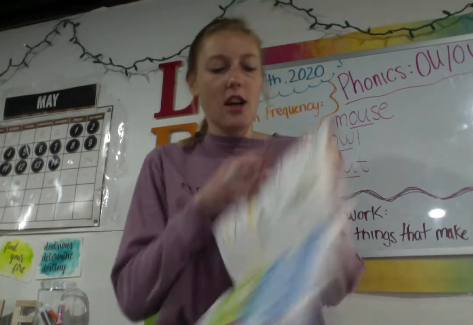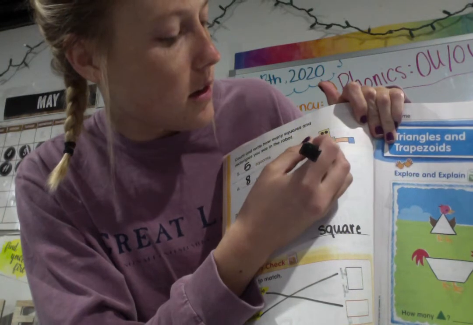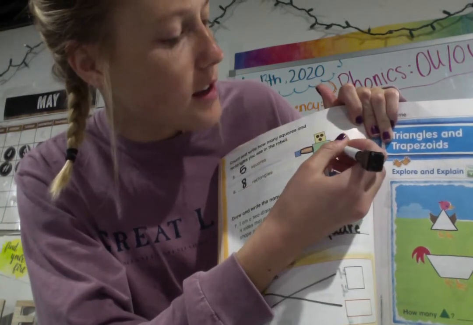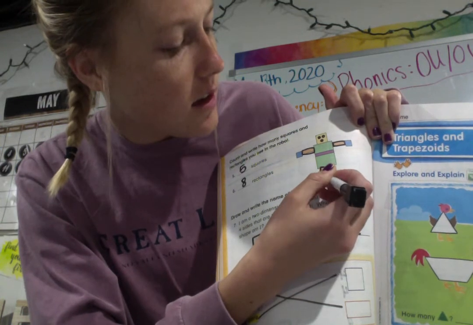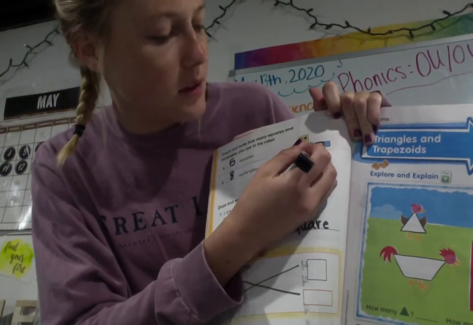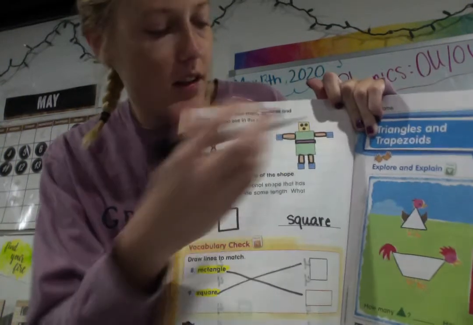So let's take a look at this. If you look, both of his arms and both of his legs are rectangles. So there's 4. And then this purple belt is a rectangle. So there's 5.